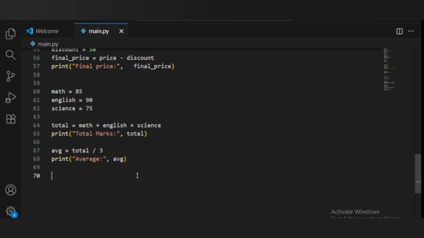This is the third example. The fourth example, convert hours to minutes.